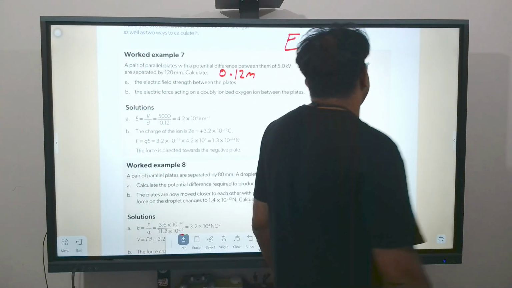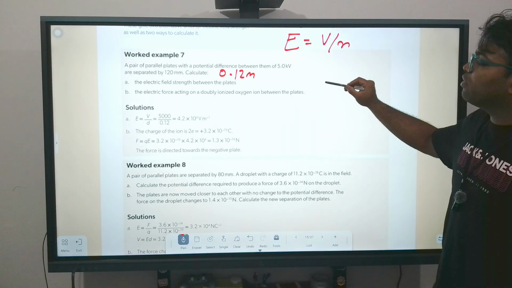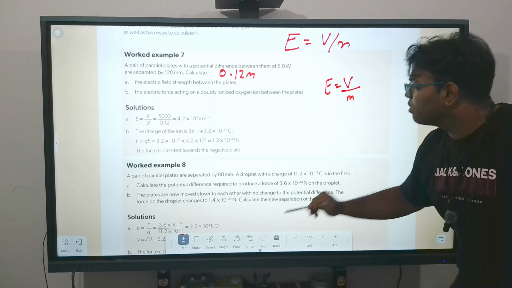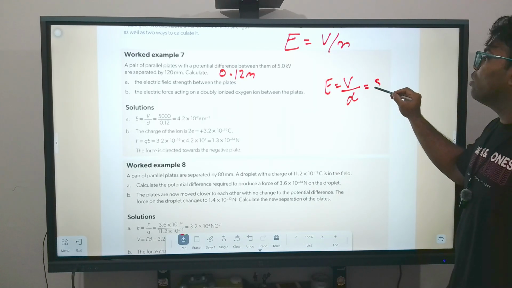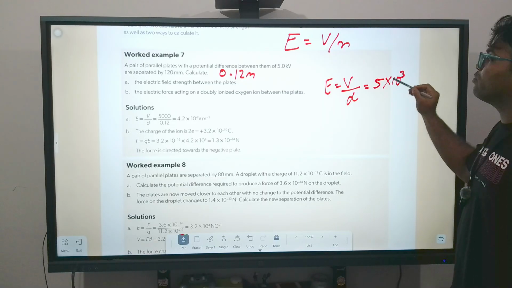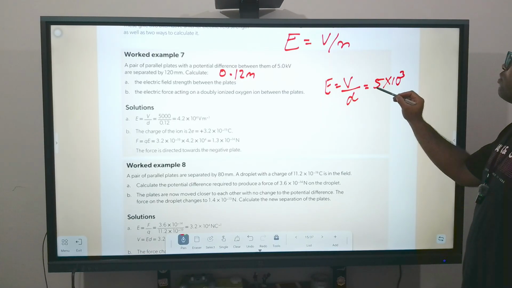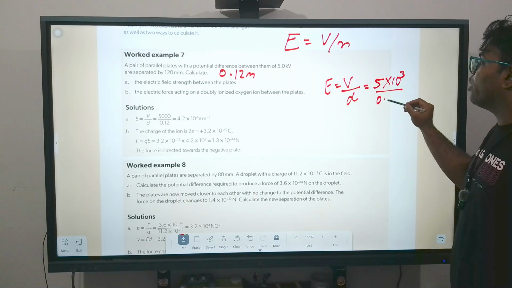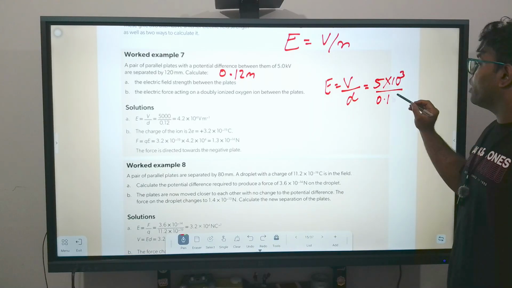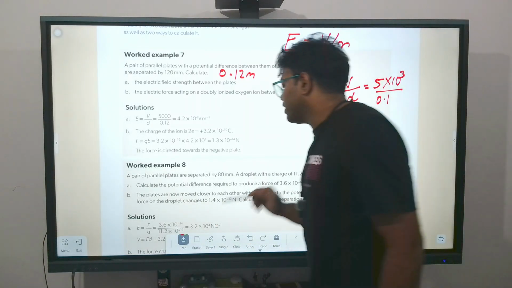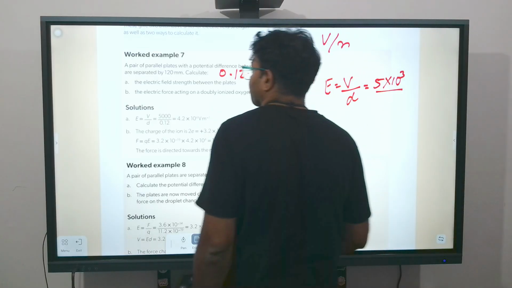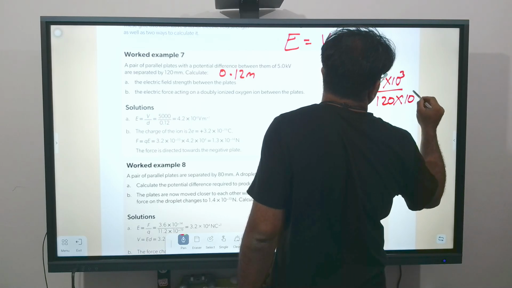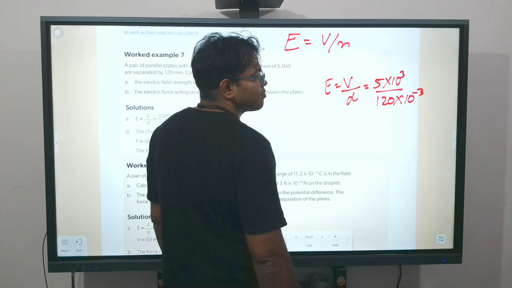We know that electric field is equal to volt upon distance, which is 5 into 10 to the power of 3, that is 5 kilovolt, upon 120 into 10 to the power of minus 3.